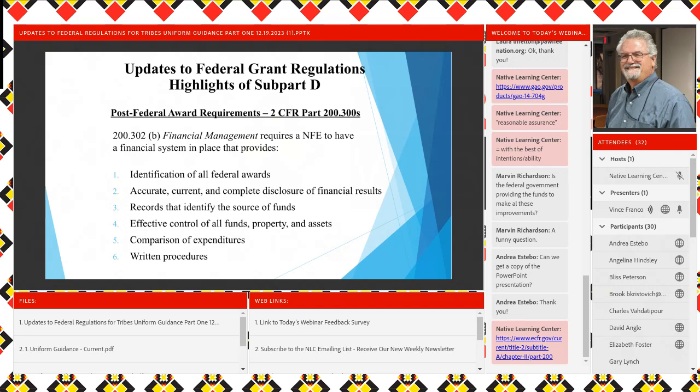I just captured the gist of the 6 major areas: identification and separation of all federal awards, accurate, current, complete disclosure of financial results, records that identify the source of funds, effective control of funds, that's part of your internal controls, property and all of your assets, comparison of expenditures last year to this year, that type of standard procedure, and of course, written procedures.